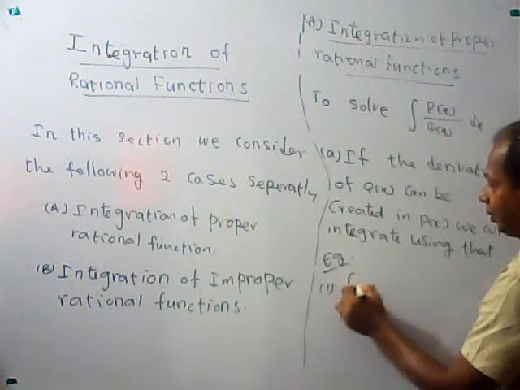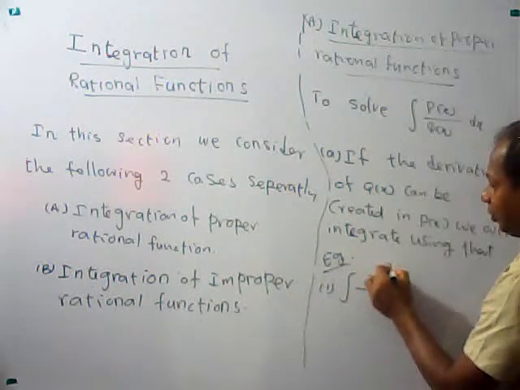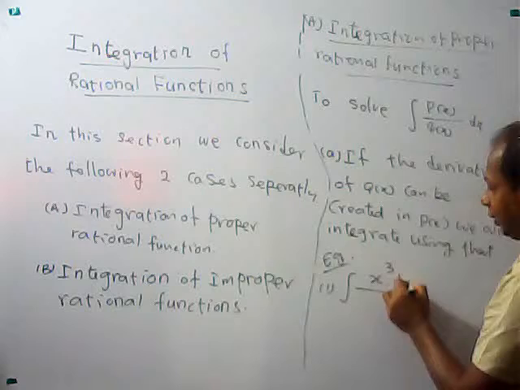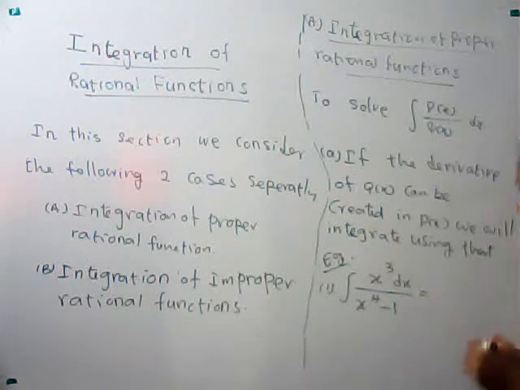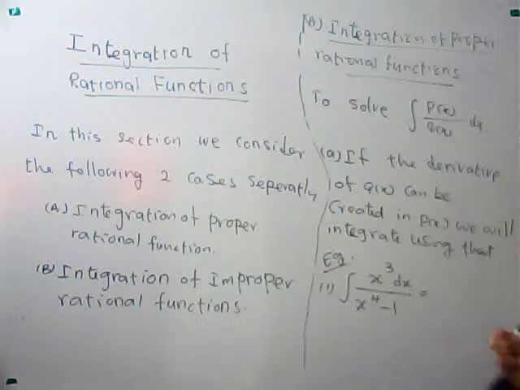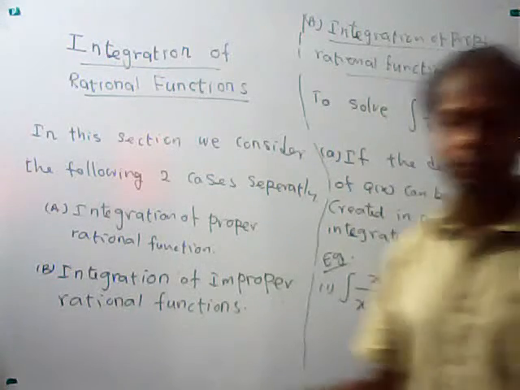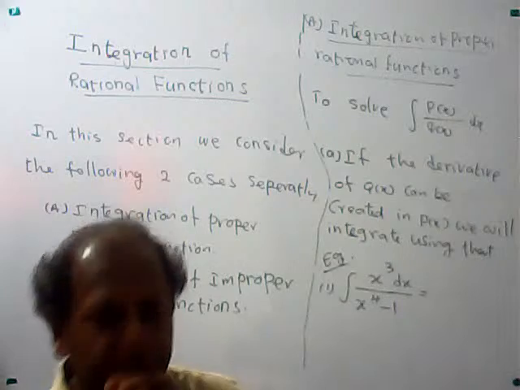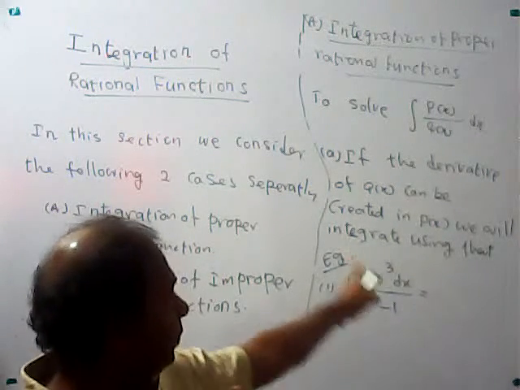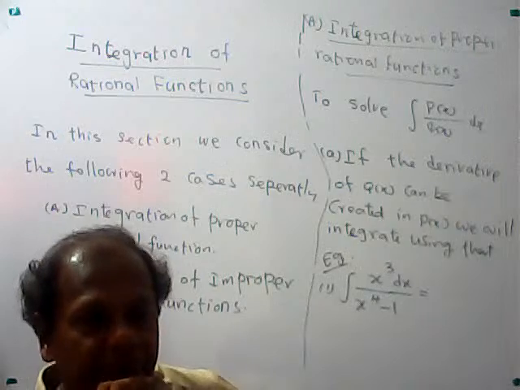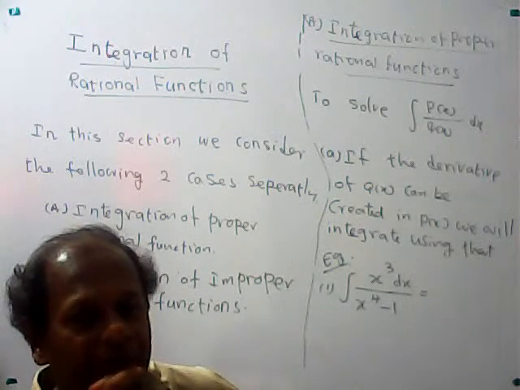You got some idea? Any idea to integrate this? What do you do? X cube over x to the power 4 minus 1. What do we do to integrate this? It's very easy, one step.